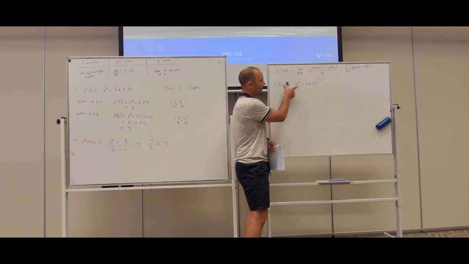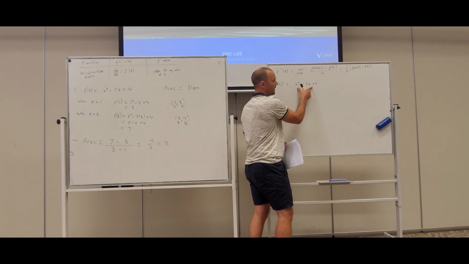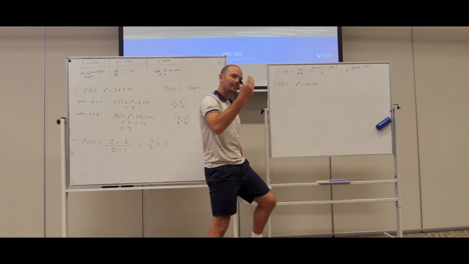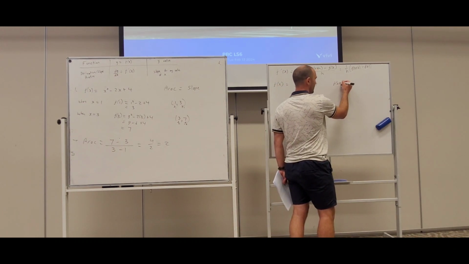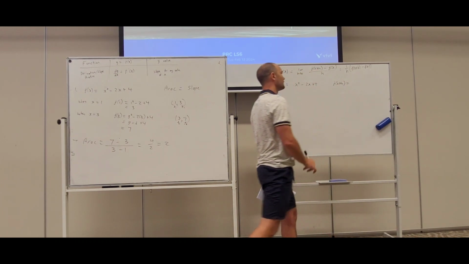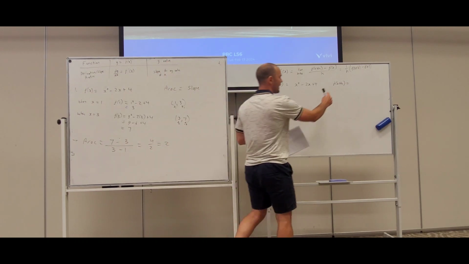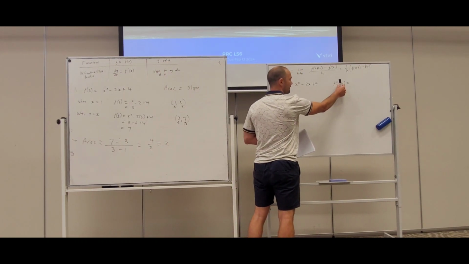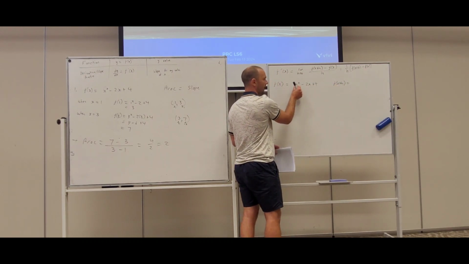So that part is f of x, that's going to go there for my formula. I need the f of x plus h. It's not a step you need to do, but I'm just going to do it slowly for our first one. For f of x plus h, that means we put x plus h everywhere there's an x. So I'm going to take that x plus h and put it there.